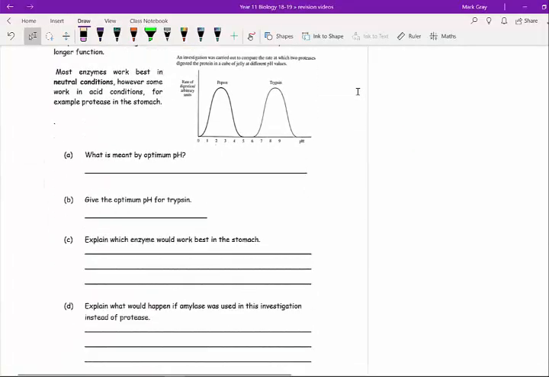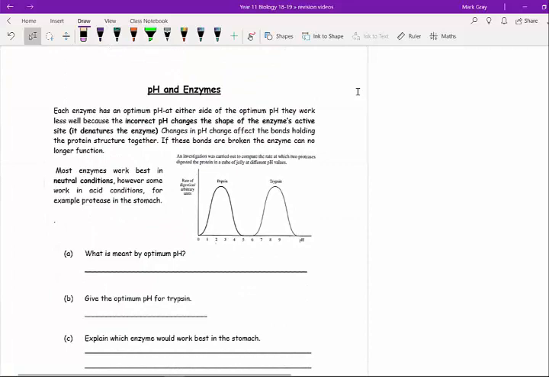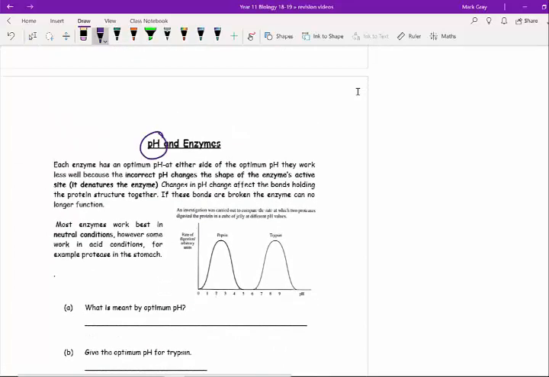The next bit is pH and enzymes. Now, you might remember pH, there's a scale and it goes from 1 to 14. Okay, now, in case you don't do chemistry, 1 to 6 is acid, 7 is neutral, and then 8 to 14 is alkaline.